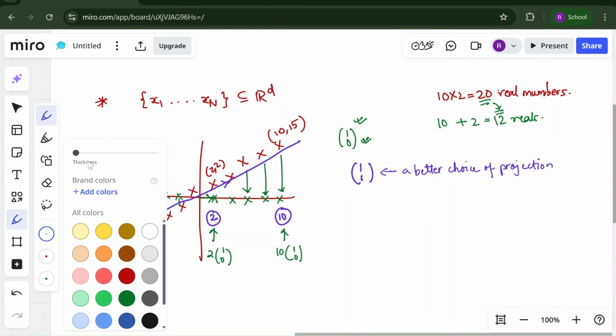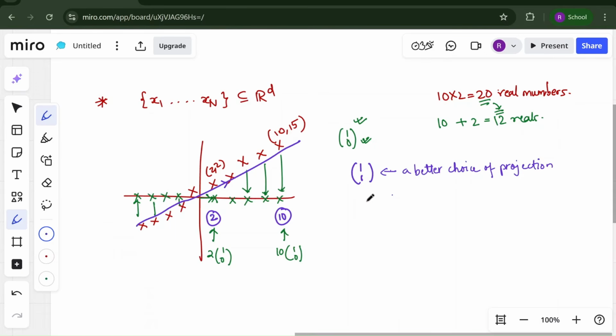Because in this new choice, when you project, these projections will lie here on the purple line. So the distance between the purple points, let me call them xi hat, and the red points xi, this distance is smaller.